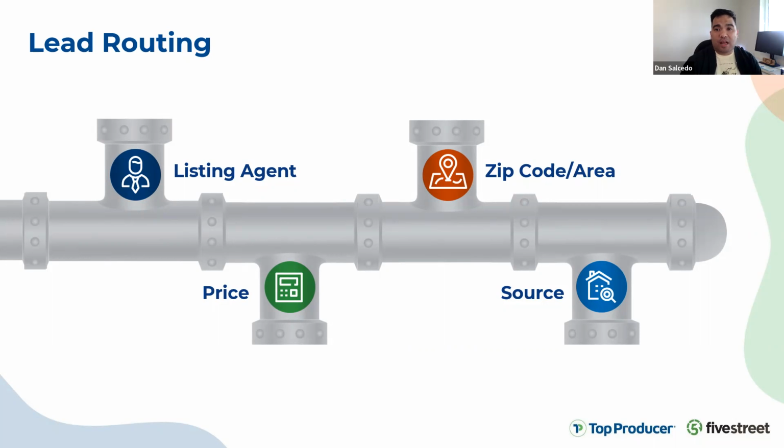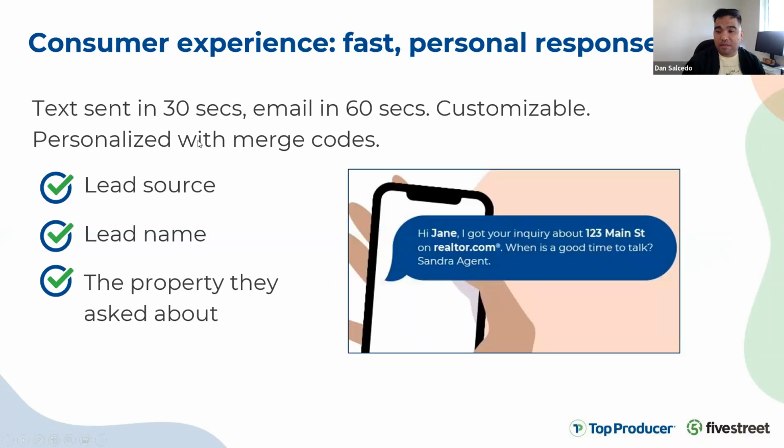Moving right along, this is basically the text that your lead will get. It's going to say, "Hey, Mohammed, got your inquiry on 123 Main Street on realtor.com. When's a good time to talk?" So it's personalized and it will automatically put in their name, the property address that they were inquiring about, and the website that they're inquiring from.